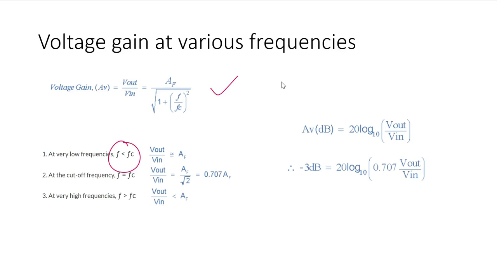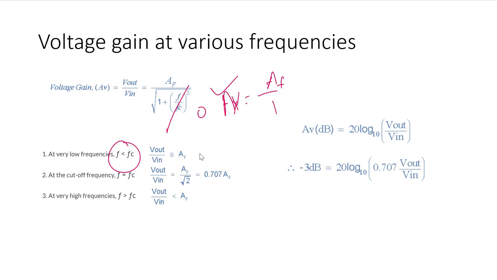The bandwidth of the amplifier is determined by the physical structure of an op-amp, but FC is determined by the combination of R and C. At very low frequency, where F is less than FC, the output by input gain will be equal to AF, because we proved that this term leads to 0, and this AF by 1 will be our voltage gain, AV.